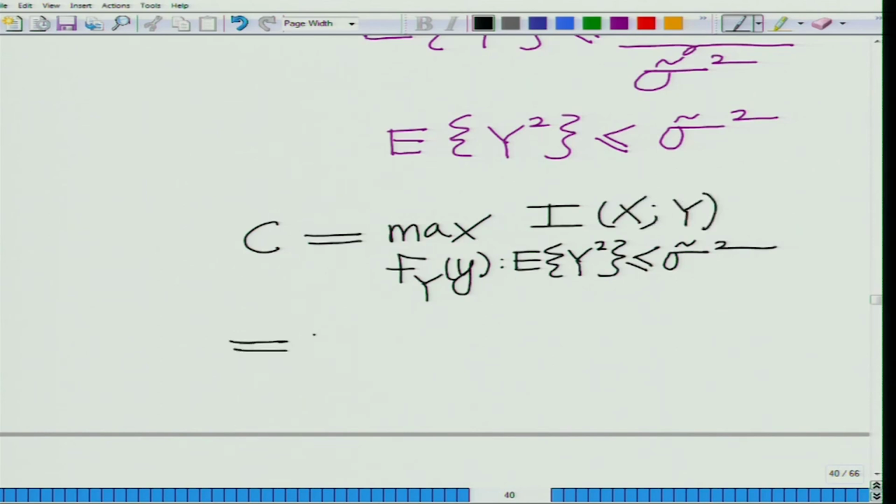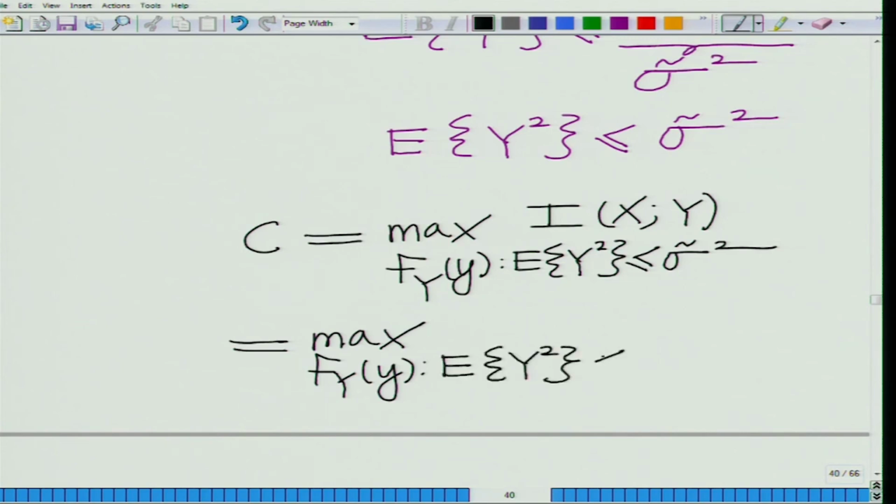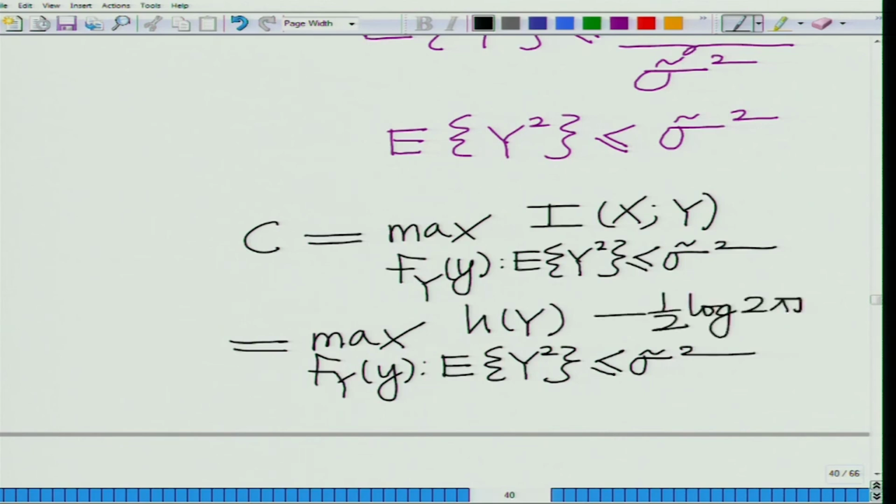We have already seen that this is the maximum over f of y, subject to expected y square less than or equal to sigma tilde square, of h of y minus half log 2 pi e sigma square, log to the base 2.